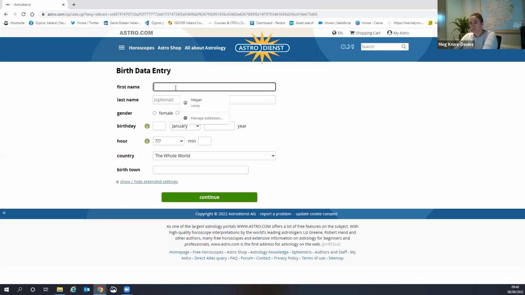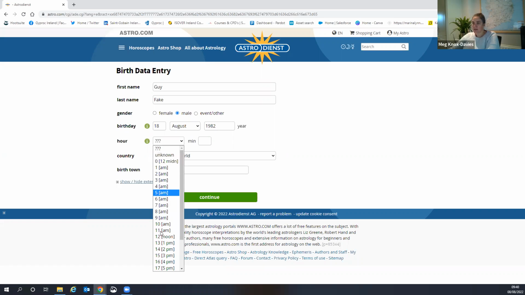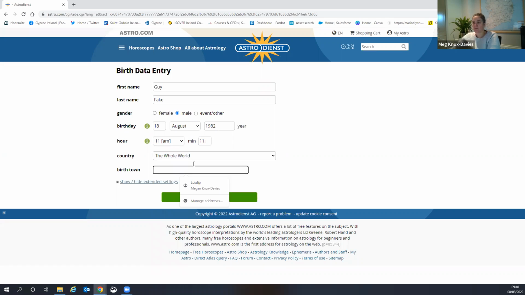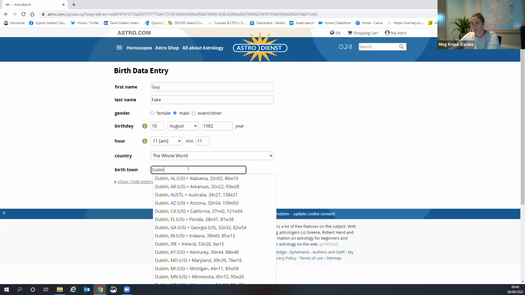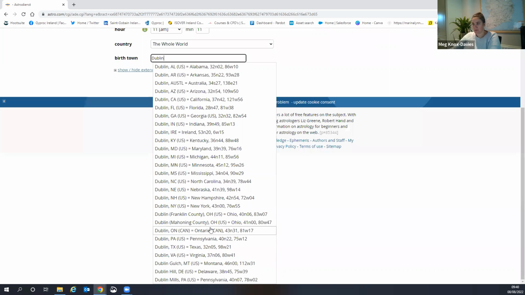So I'm going to put in a fake birth date and person's details. So we'll say that this person was born on the 18th of August, and they were born 11, and then they were born in Dublin, Ireland.